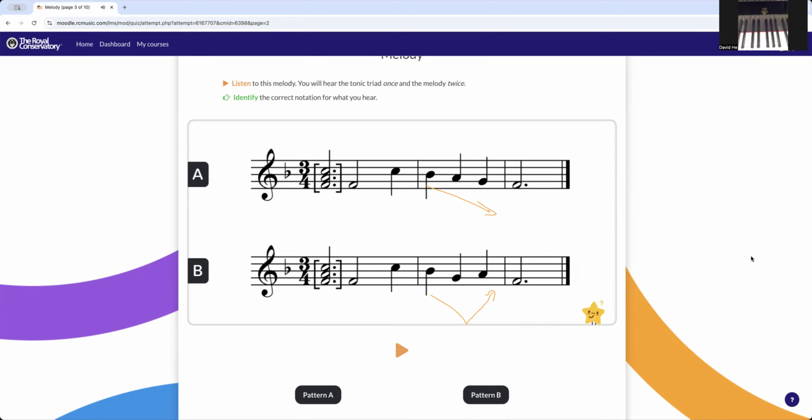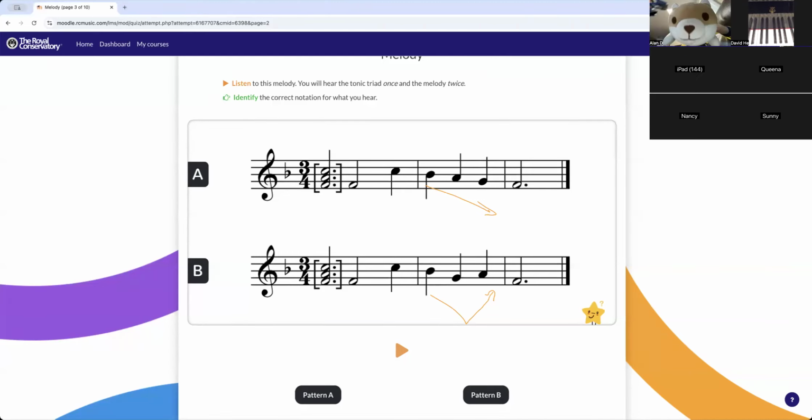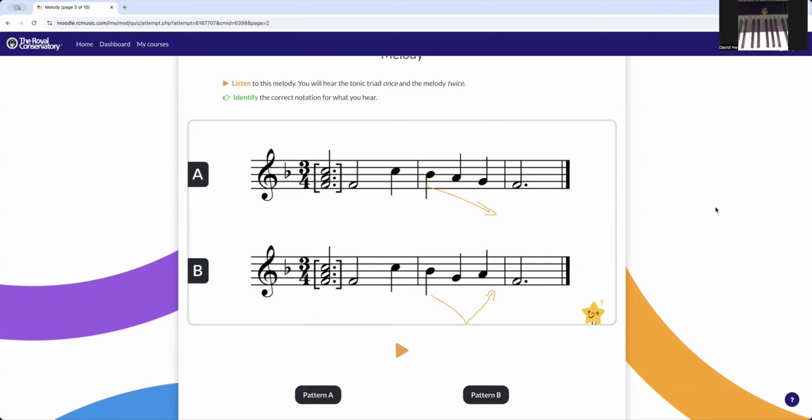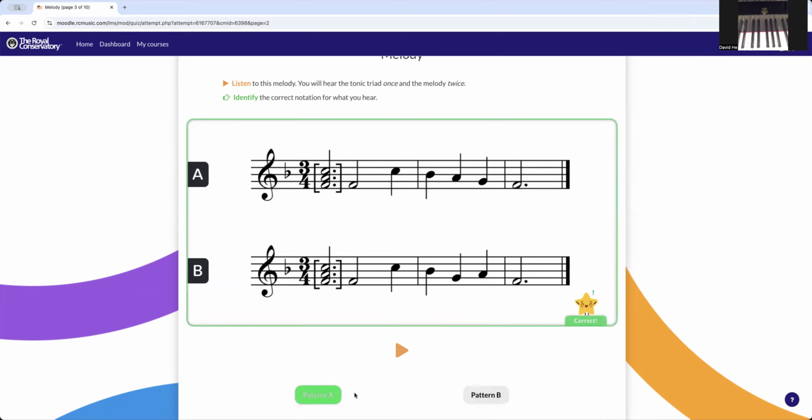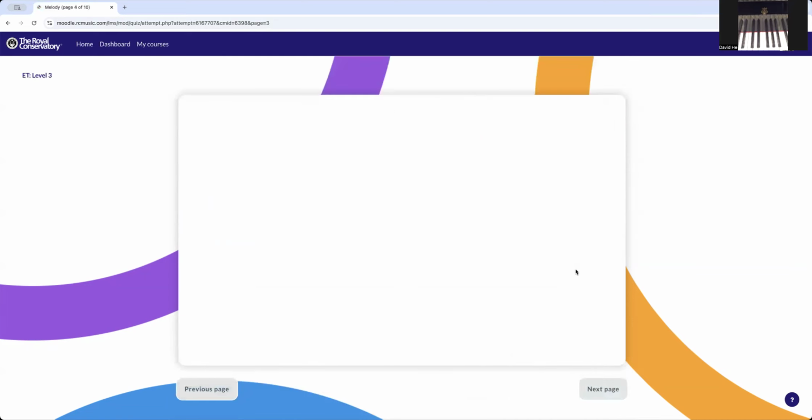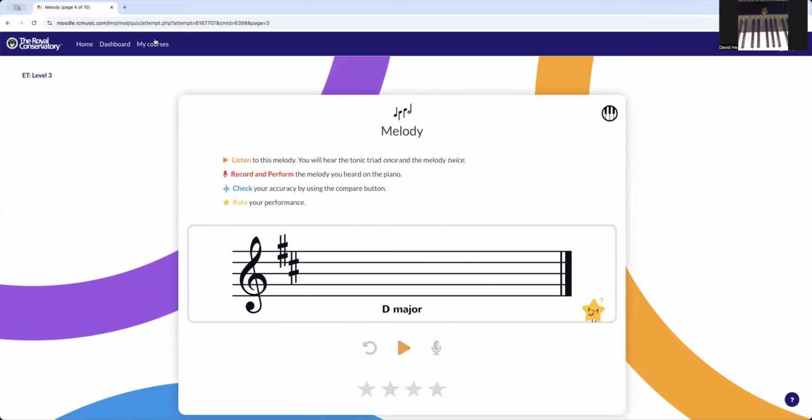Type your answer here. It's very easy now, right? I can see everybody got their answers. Very nice. The correct answer is A. That's everything about melody.